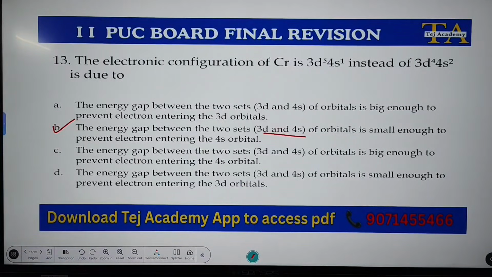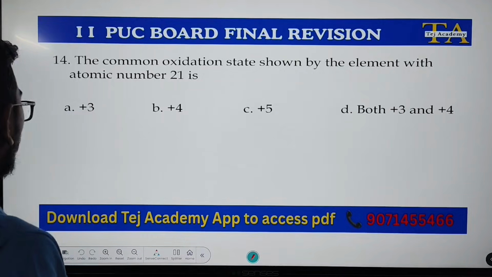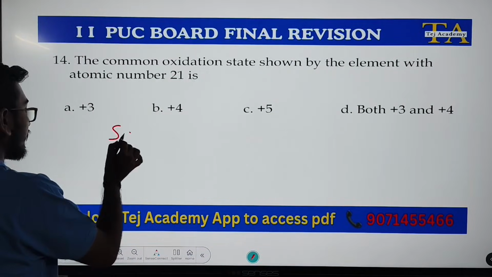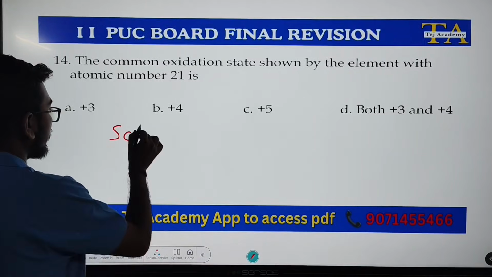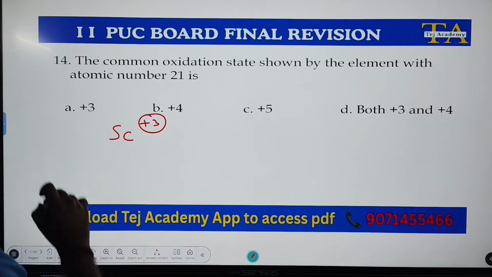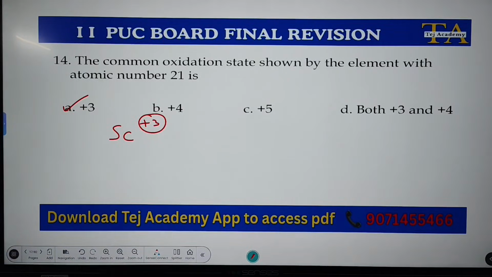Yes, 14th question. The common oxidation state shown by the element with atomic number 21. Which element has atomic number 21? Scandium. Scandium will show +3 oxidation state here. So option A is the right answer.